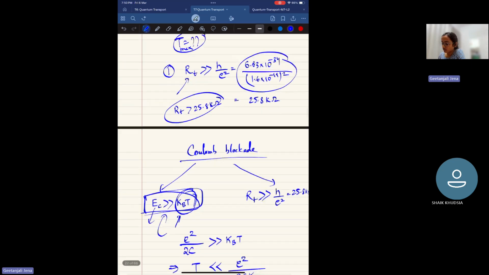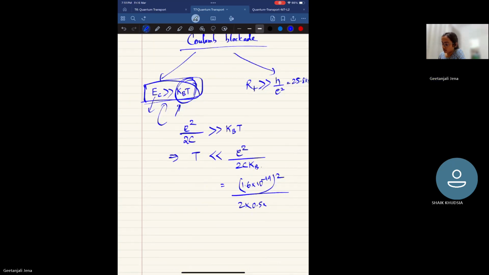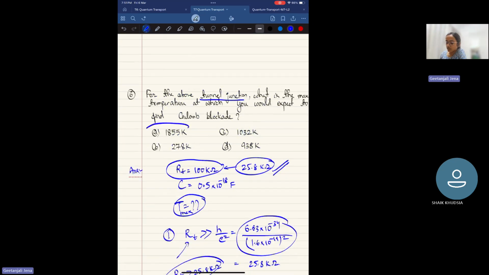C is given 0.5 attofarad and kB is the Boltzmann constant, around 1.38 into 10 to the minus 23. If we solve it, it will come around 18.55 Kelvin. So T should be less than this value. So the maximum value of T should be 18.55. Option E.